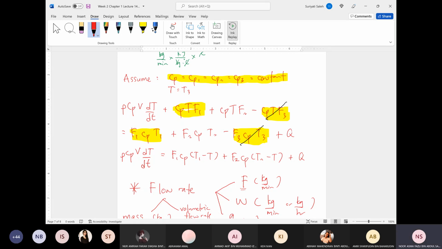And one more thing, this assumption, Cp equal to Cp1 equal to Cp2 equal to Cp3, is valid for this subject, so feel free to use it. You don't need to find the individual heat capacity for each component.